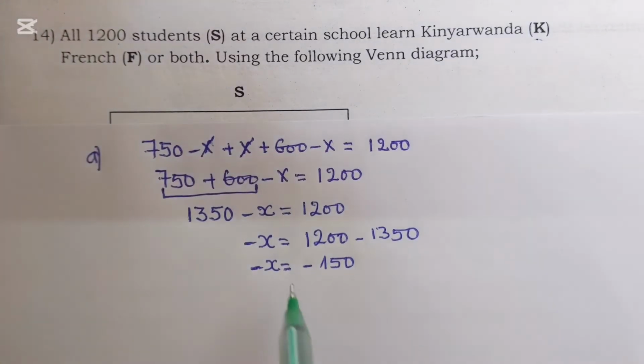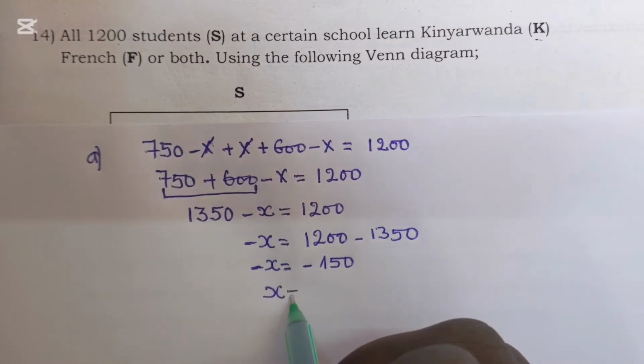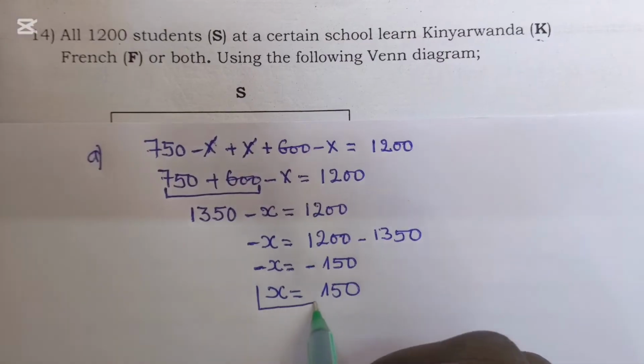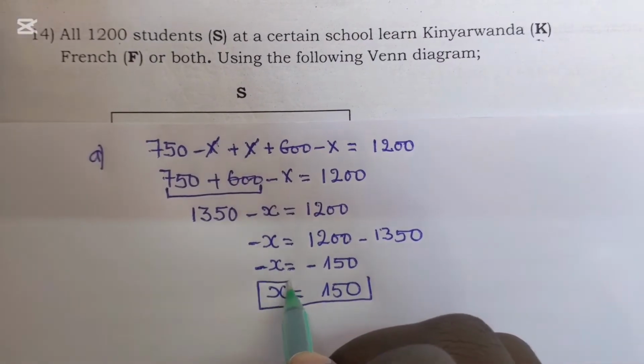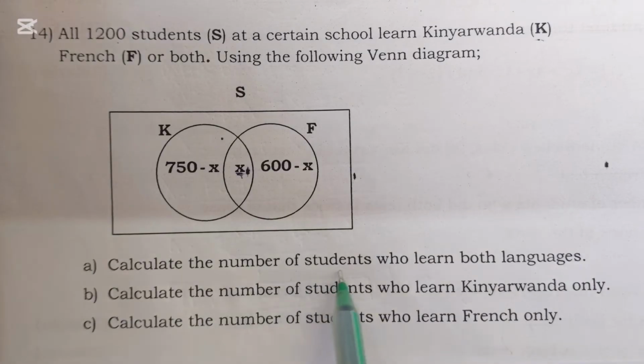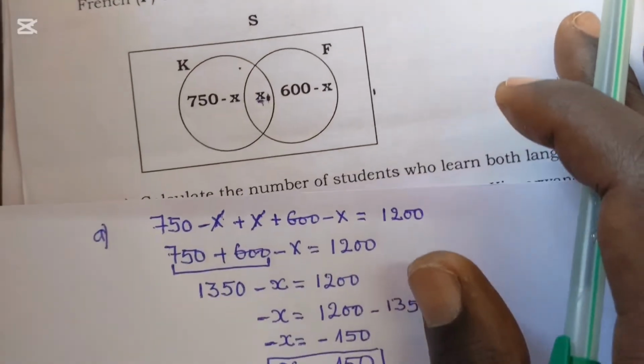So x will be 150, and this x stands for the number of students who learn both languages, and that is letter A.